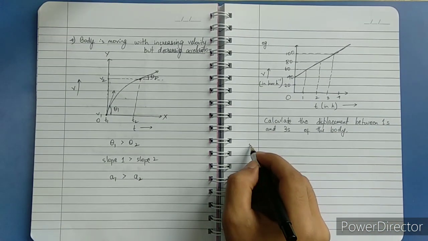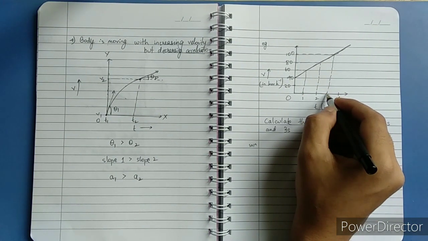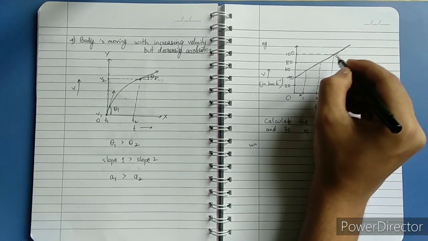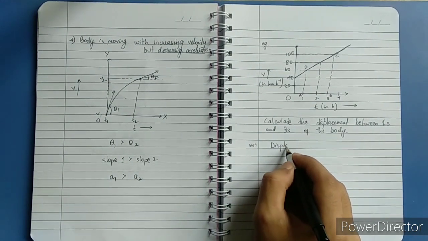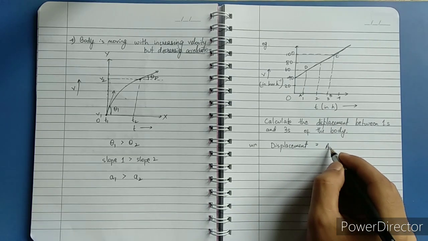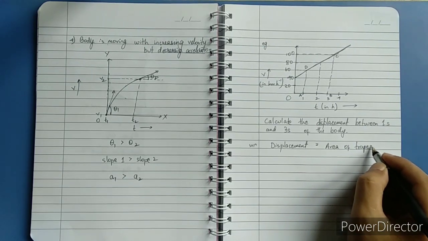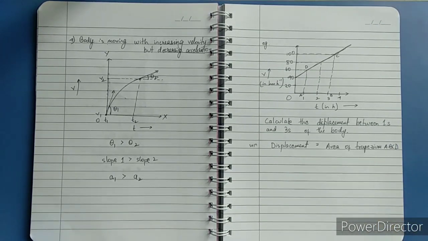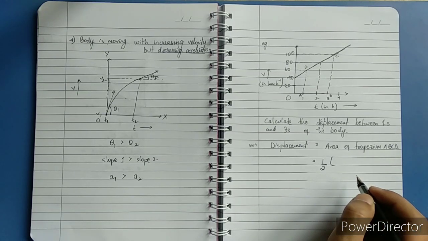So what we'll do here as a solution is, 1 second and 3 second, we will name them as A, B, C and D. So displacement is equal to area of trapezium ABCD, which will be equal to half into sum of parallel sides.